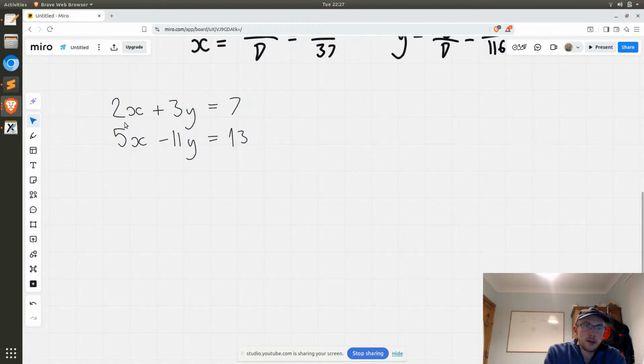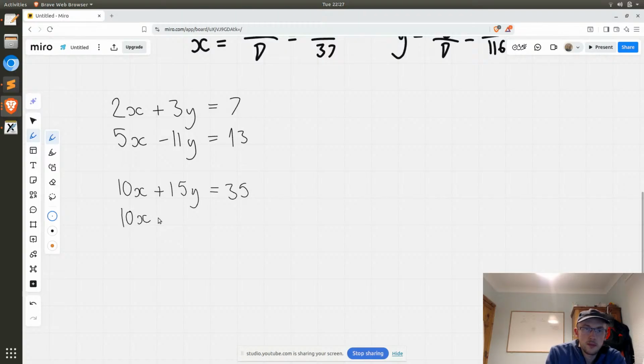So we're going to eliminate x, times the top one by 5, times the bottom one by 2, and it's your choice. But for me personally, I'm going to do top take away bottom.